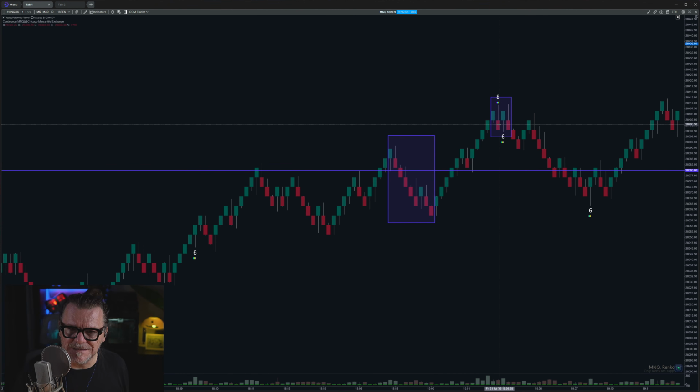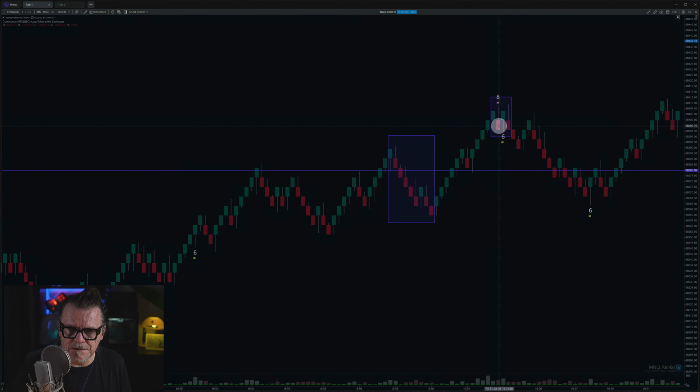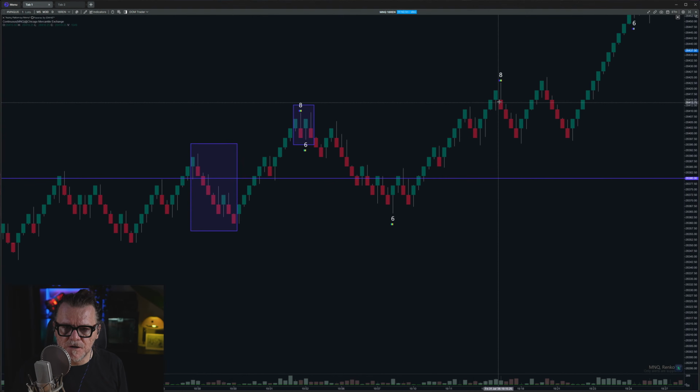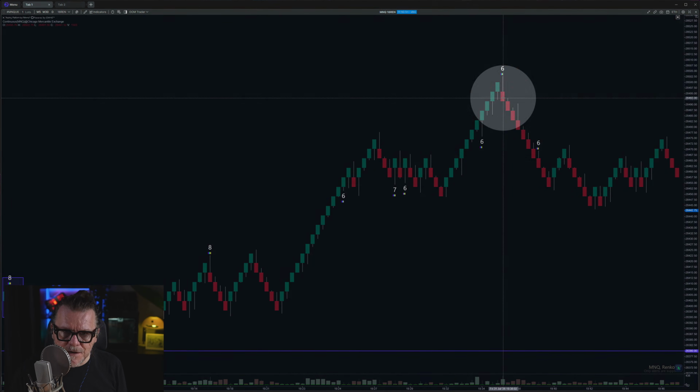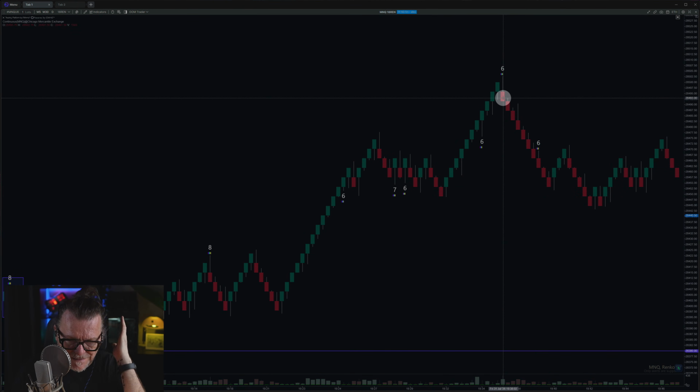It's unbelievable, is it? At the very high of the swing, there is the Renko candle with semaPHorek 8. At the low of the swing, there is the Renko candle with semaPHorek 6. Look how it's able to catch the swing highs and swing lows.